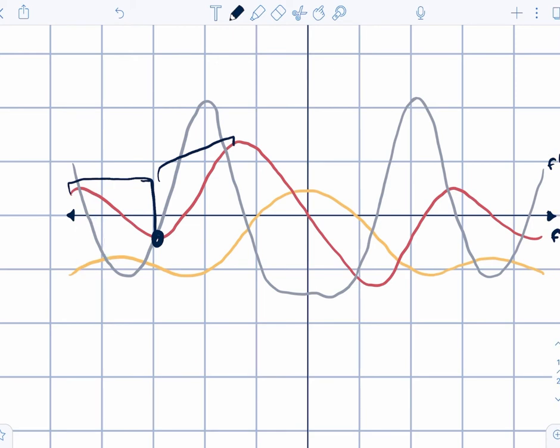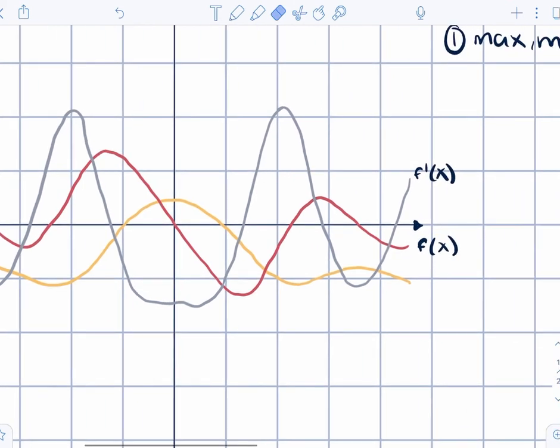If this is decreasing right here, then the first derivative, the slope, should be under the x-axis because it should be a negative number. So we can rule out that this is the first derivative. And if that's not the first derivative, then neither is this.